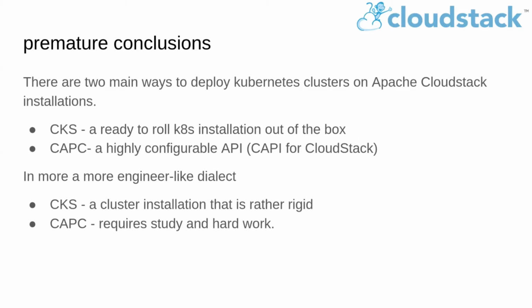So it knows about how CloudStack works, but it's a fully Kubernetes-focused API that you use to install a cluster. Right, and of course you get the configuration flexibility of Kubernetes APIs, cluster APIs, whereas in CKS you get what the user interface provides you, and if you want to extend that, then happy Java program.